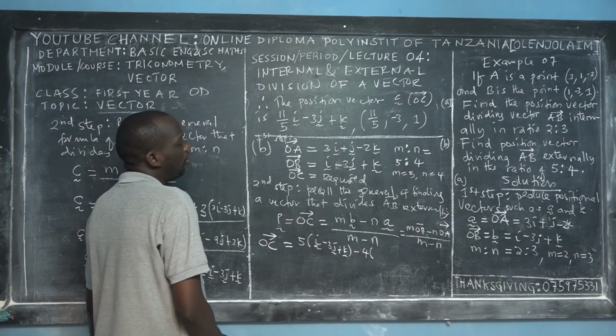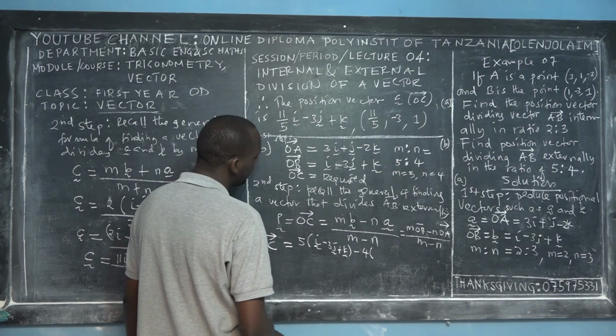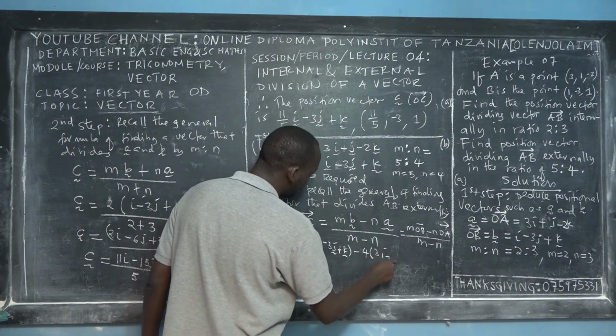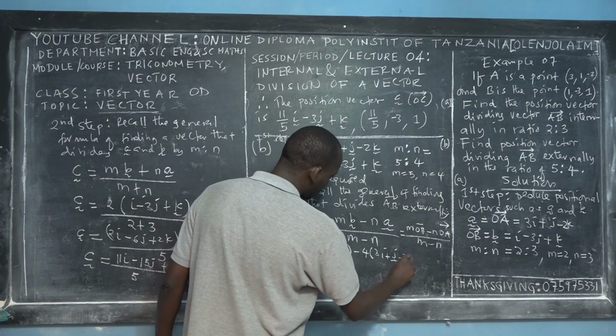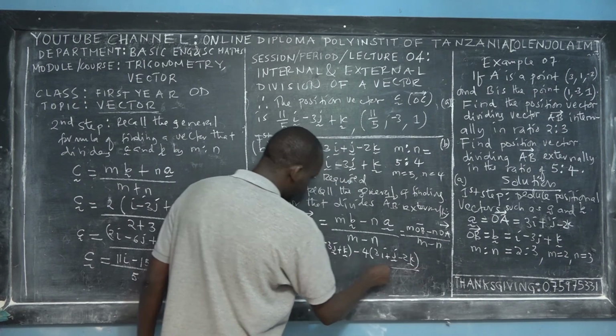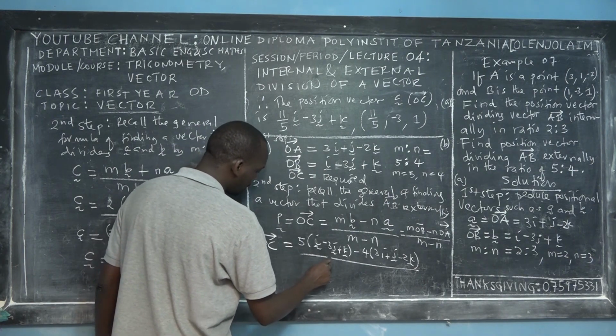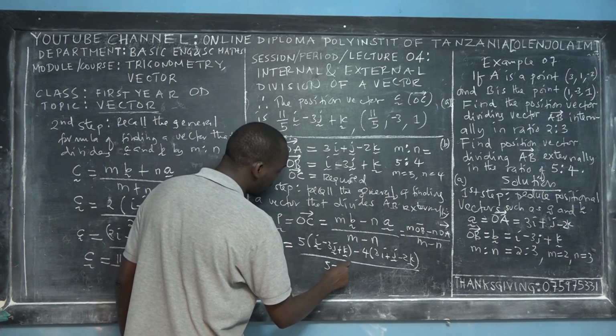Minus 4, then we have vector A, which is 3i plus j minus 2k. And then divided by 5 minus 4.